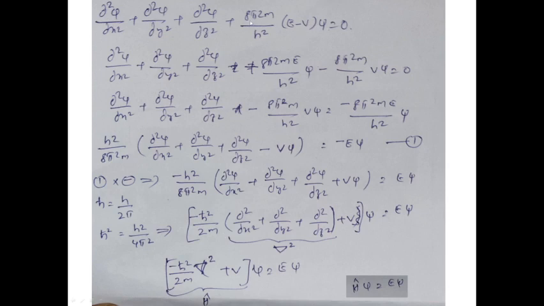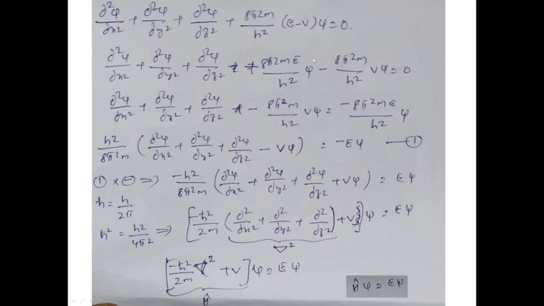So this is the Schrodinger equation, and now I am going to split this part: 8 pi square m E by h square minus 8 pi square m V by h square. I split it like this, and here I have written the split equation. Then next, we take the term 8 pi square m E by h square psi, which is the total energy, to the right hand side.